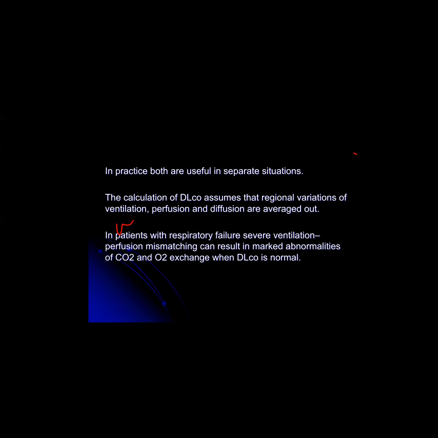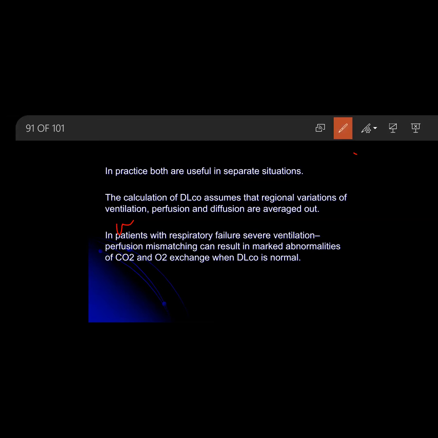In patients with respiratory failure, sometimes severe ventilation perfusion mismatch can result in marked abnormalities of CO2 and O2 exchange when the diffusion of carbon monoxide is normal, because the exchange of CO2 and O2 is dependent on the whole lung, but the diffusion of carbon monoxide is dependent only on the function of the alveolar membrane.